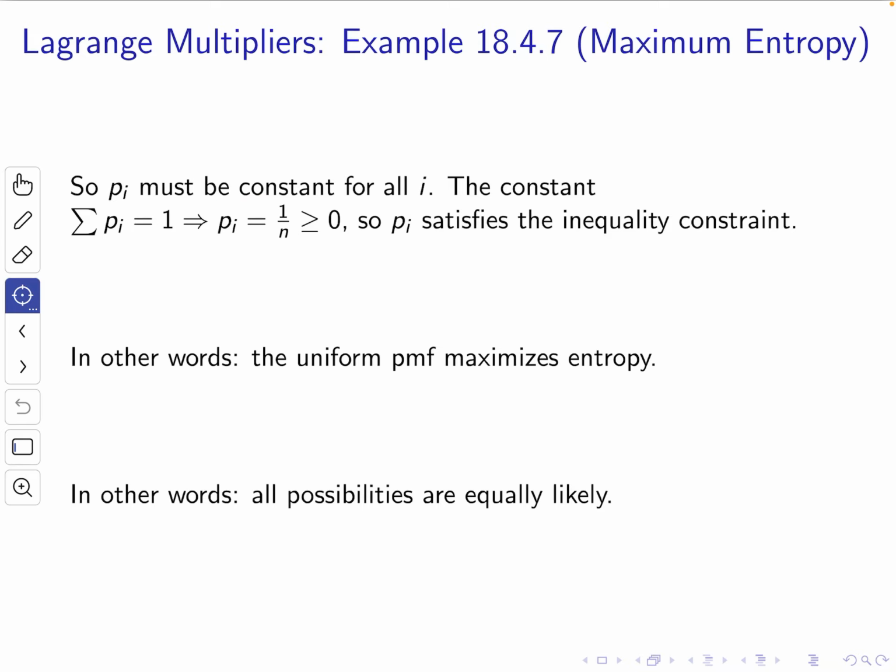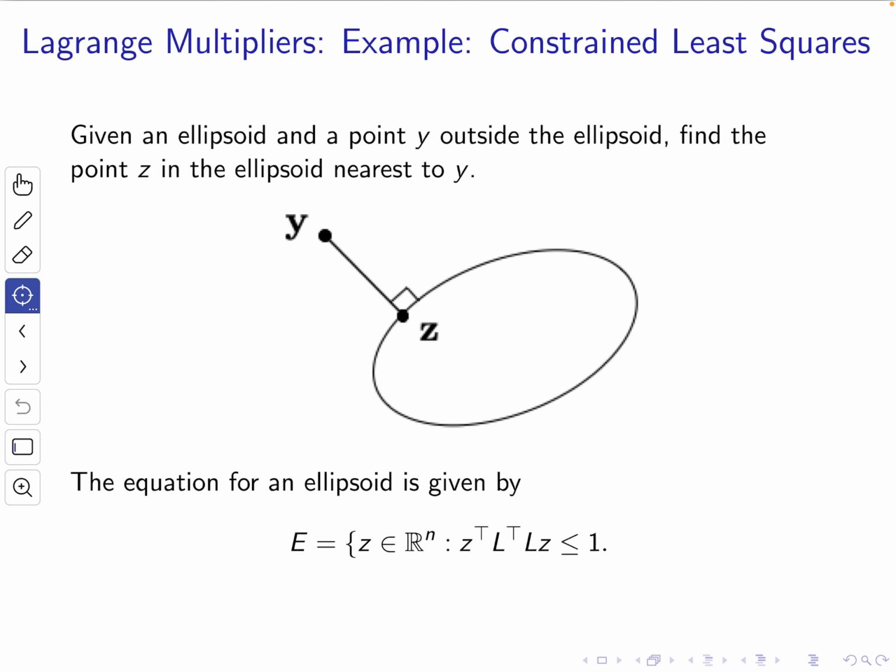So this solution satisfies the necessary conditions. In other words, the uniform probability mass function, where they're all equal to 1 over n, maximizes entropy. So maximum entropy is where all possibilities are equally likely. Okay, so that's an example.